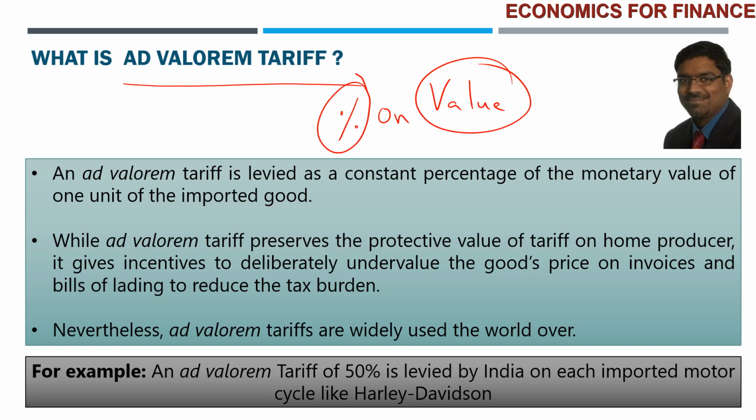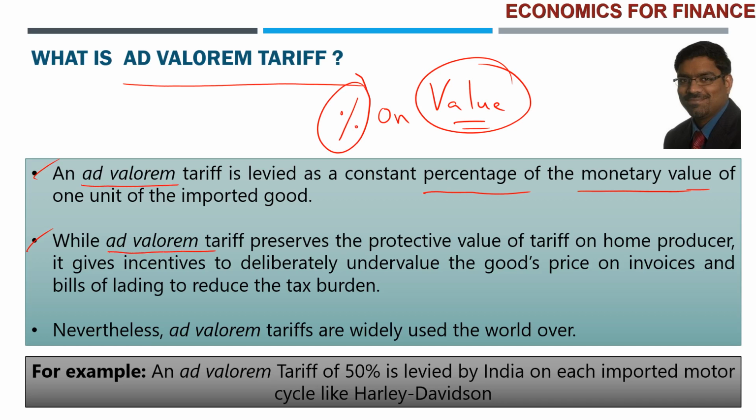So an ad valorem tariff is levied as a constant percentage of the monetary value of the unit of the imported good. It is not based on the quantity, it is not based on the weight or other physical units, but it is based on value. That is why it is called ad valorem. It is a Latin word, so it is generally in italics, that you can understand.